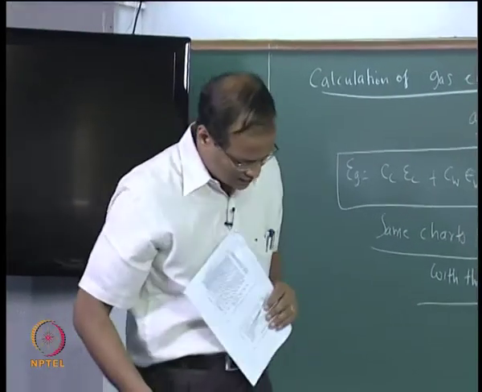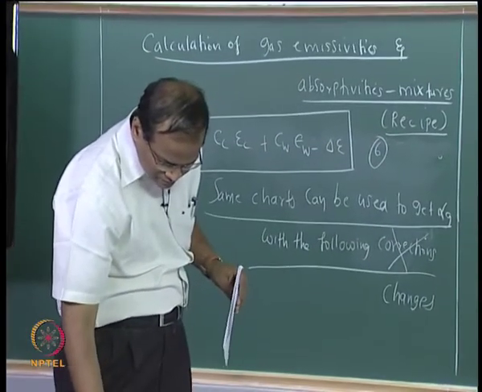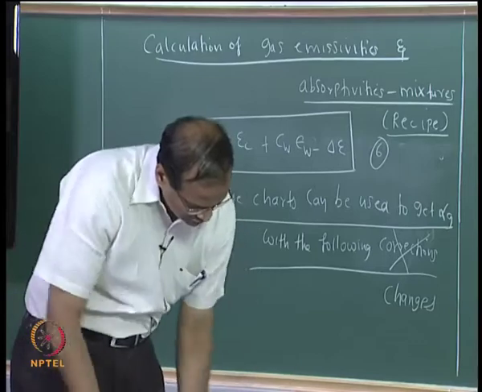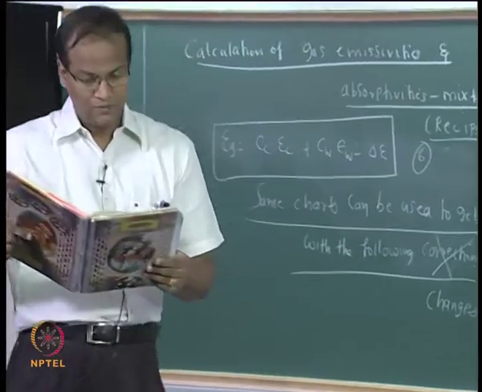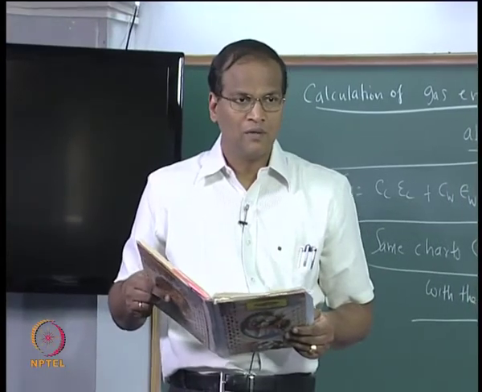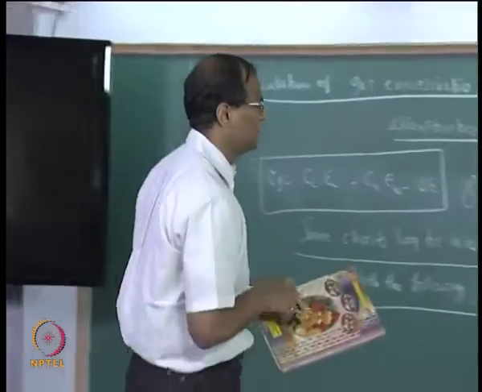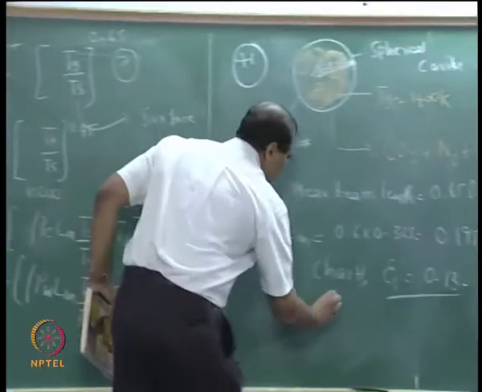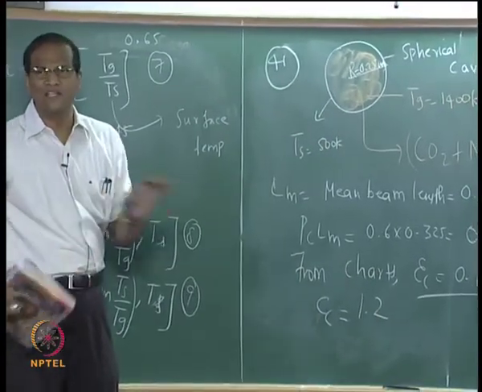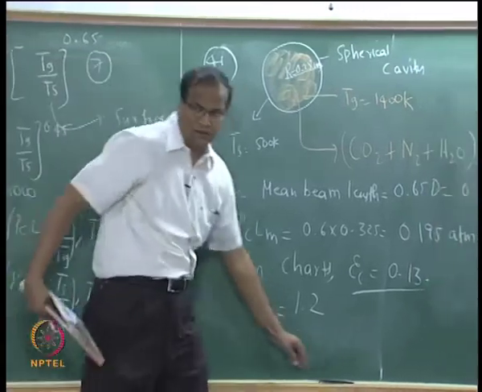So what is the correction factor? Wait. 1.1, 1.2, okay. So Cc equal to, there is nothing great in what I am doing, you have to do it patiently, that is all, you should know how to read the charts.